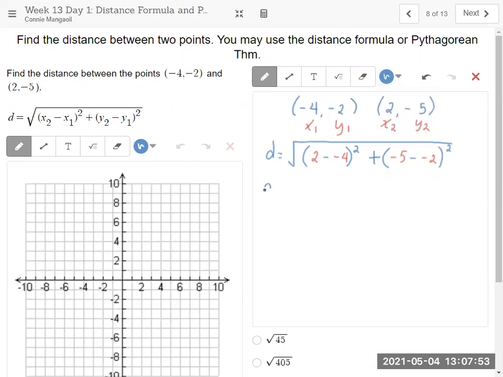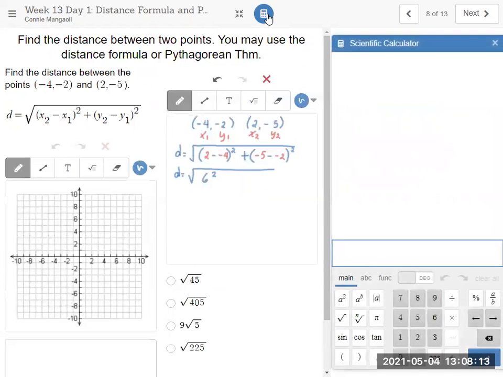So that b is equal to the square root of, now what is 2 minus -4? That becomes 2 plus 4, right? 6. So that's 6 squared. What is -5 minus -2? Okay, let's try the calculator.